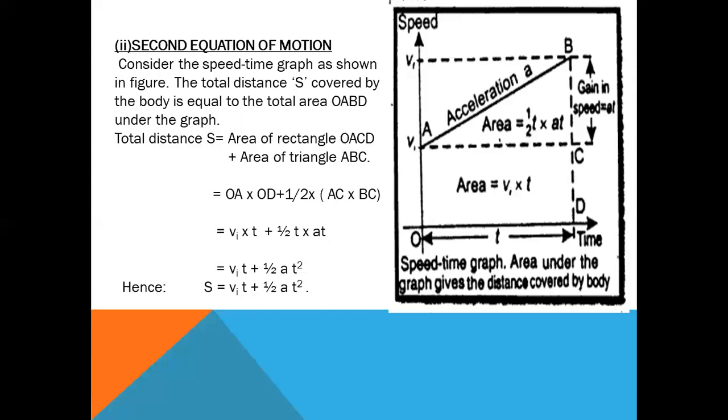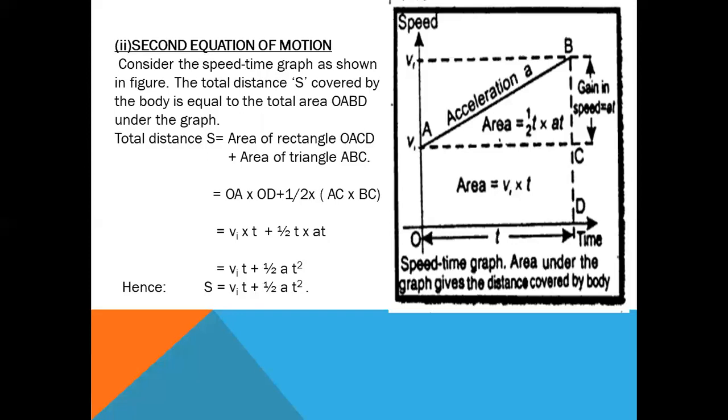Using values as shown in the graph, OA is equal to Vi, OD is equal to t. So OA multiplied by OD is equal to Vi multiplied by t, plus half or 1 by 2 times t. t is equal to AC or OD, one and the same.